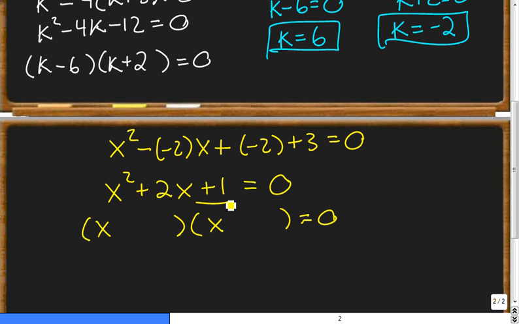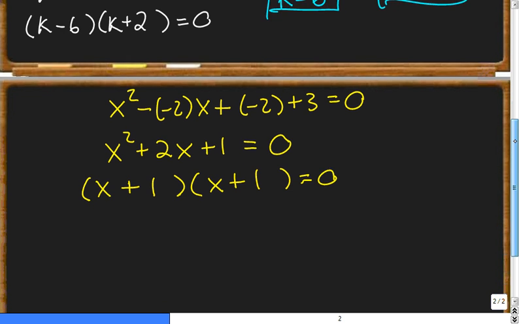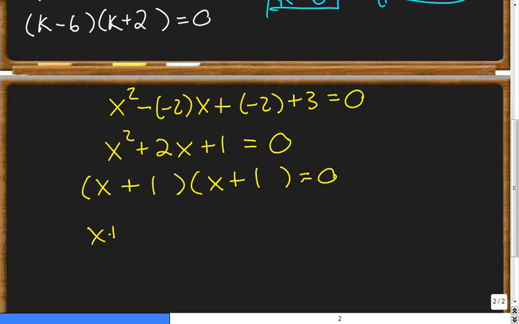So now I need two numbers that multiply to make 1 and add to make 2. And so this is going to be positive 1 and positive 1. And so that would mean either x plus 1 equals 0 or x plus 1 equals 0. And so we know that x would have to equal negative 1. That's the only way that this works.